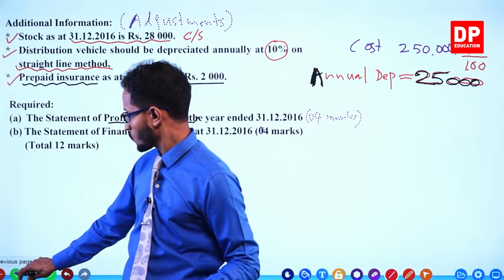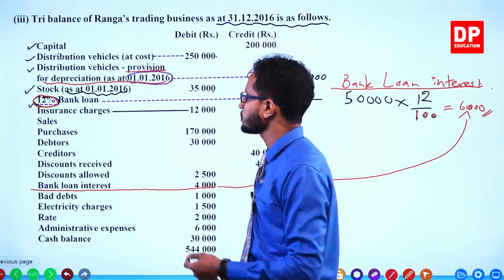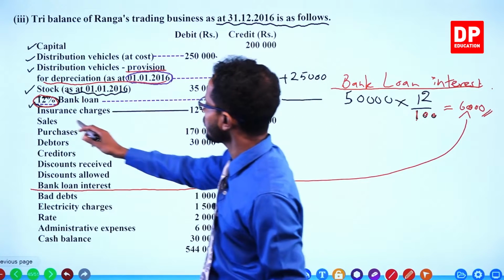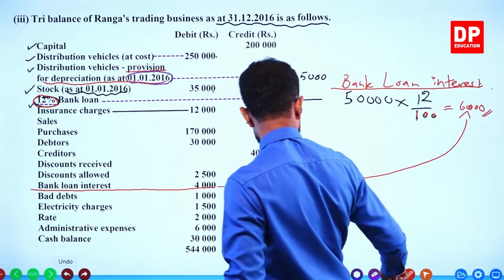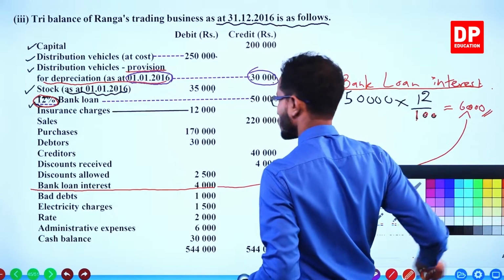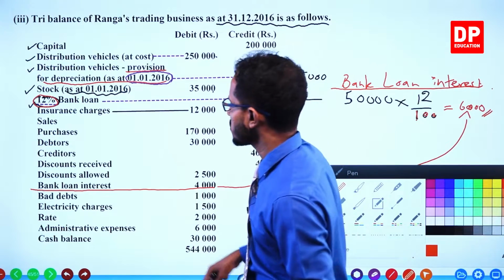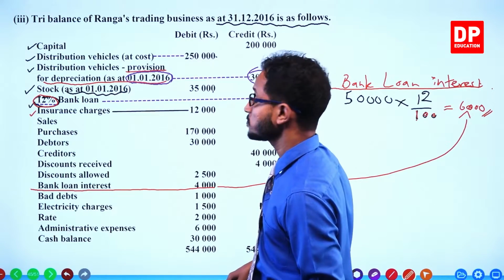And that's done. Interest. So it's ticked off. Insurance charges we already took. Yeah, we took. Insurance charges we took.